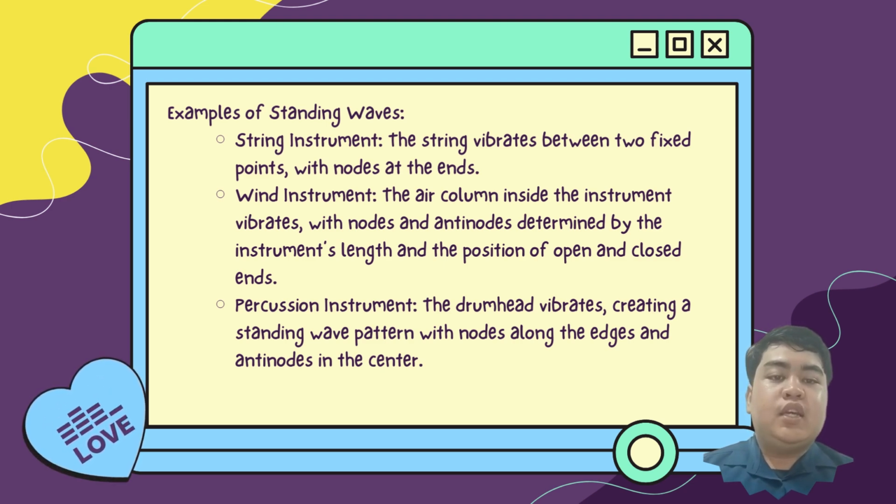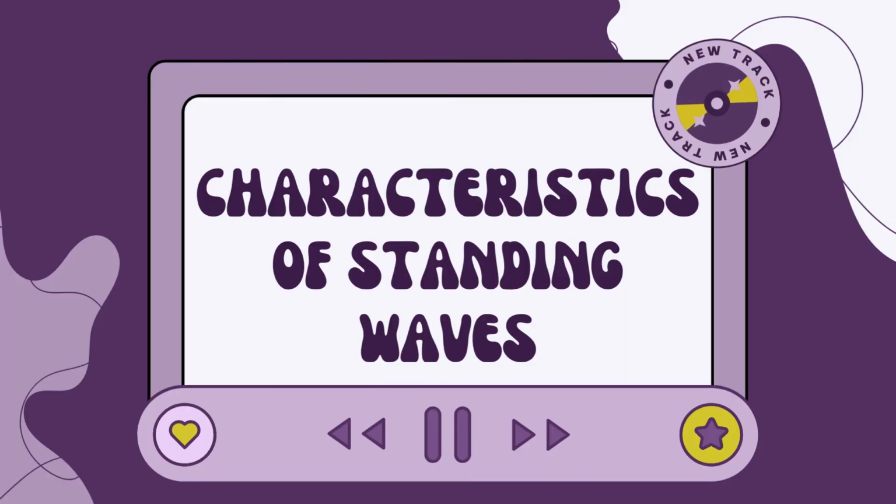The air column inside the instrument vibrates with nodes and antinodes, determined by the instrument length and the position of the open and closed ends, such as the flute, clarinet, and so on. Next, we have percussion instruments like drums. The drum vibrates, creating a standing wave pattern with nodes along the edges and an antinode in the center.